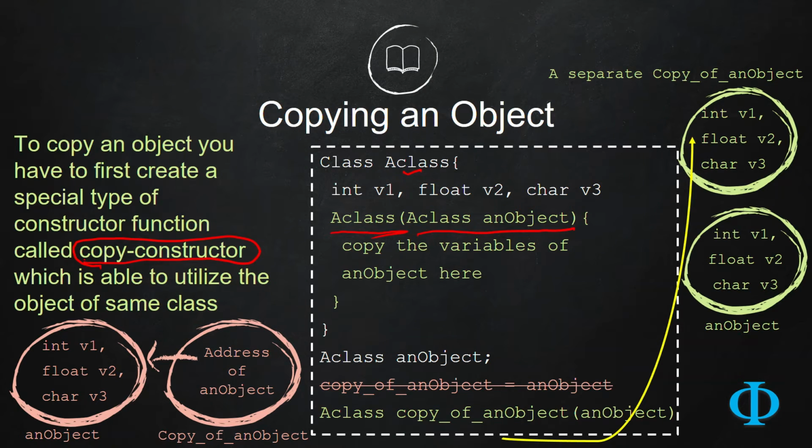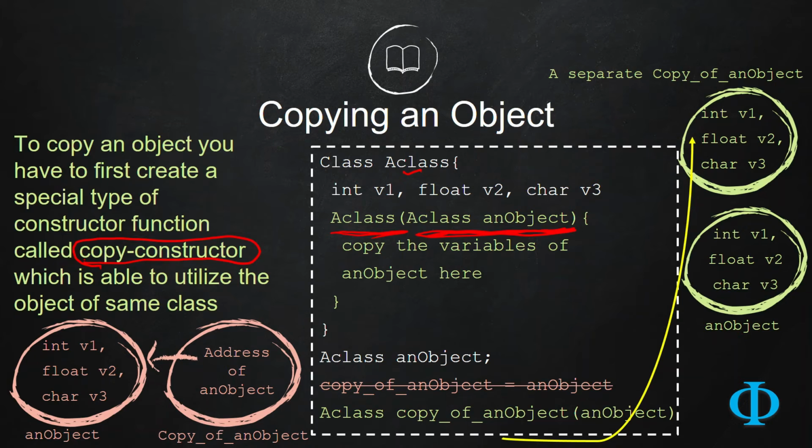So once again, a copy constructor is a special type of constructor function with the same name as that of the class. But what is the speciality? The speciality is it takes the object of the same class as its parameter, as you can see in this example.